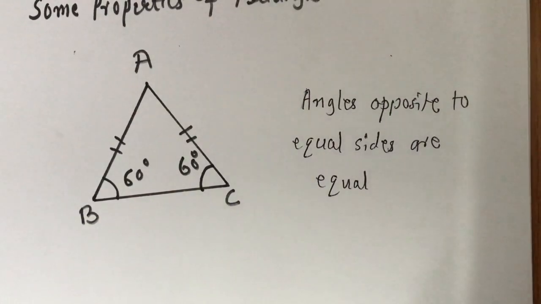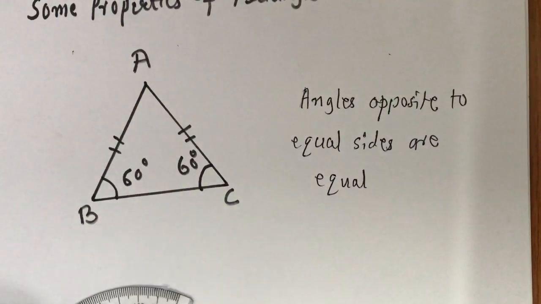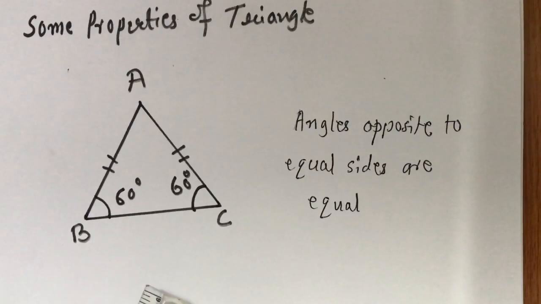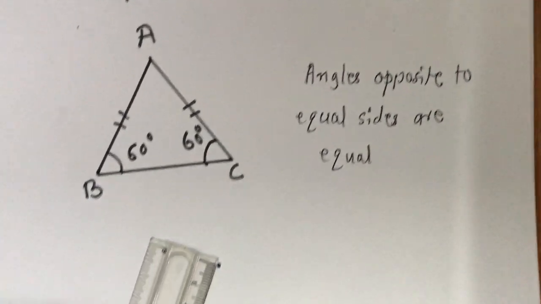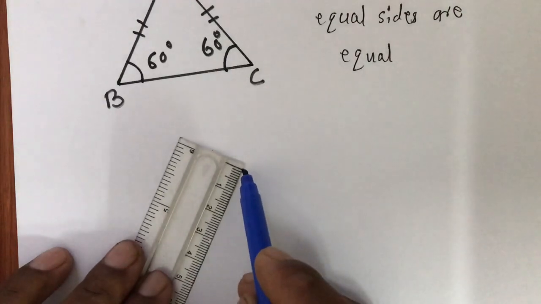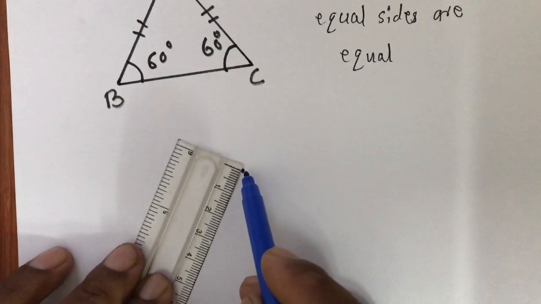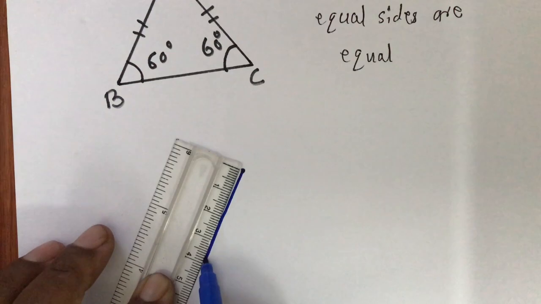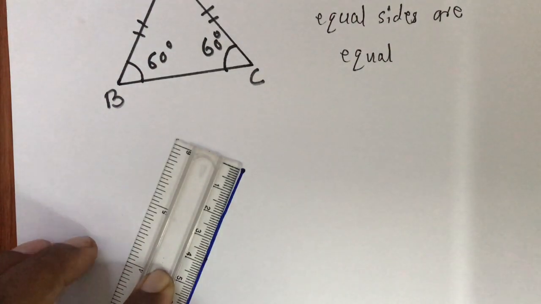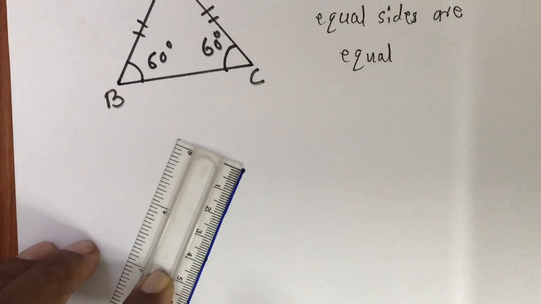So I am drawing another triangle here. First we draw two equal sides. Let us suppose I am drawing here, it is of 8 centimeter.